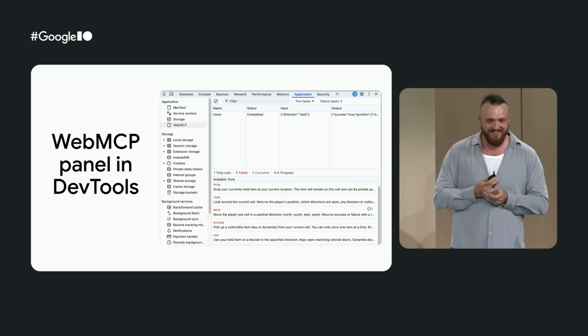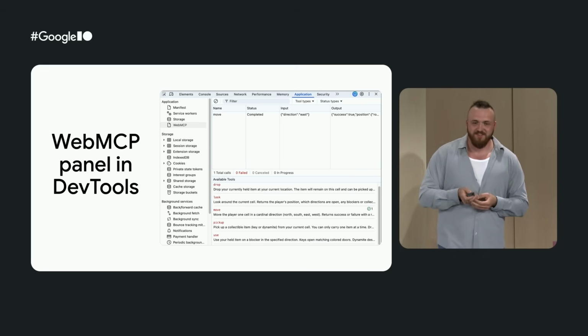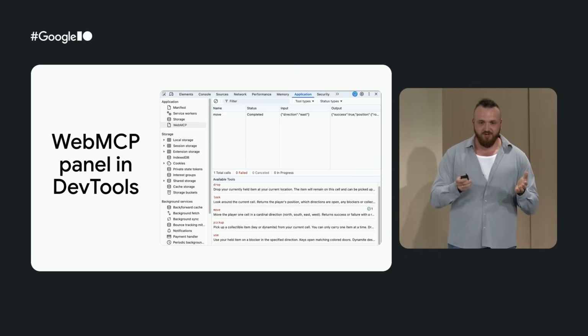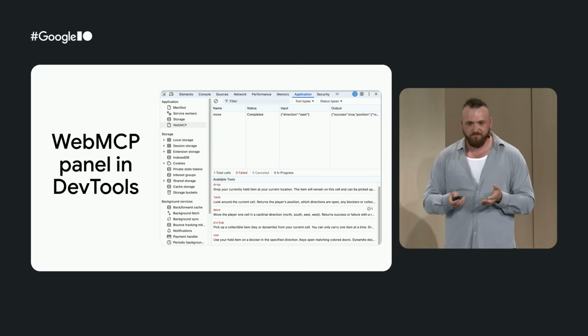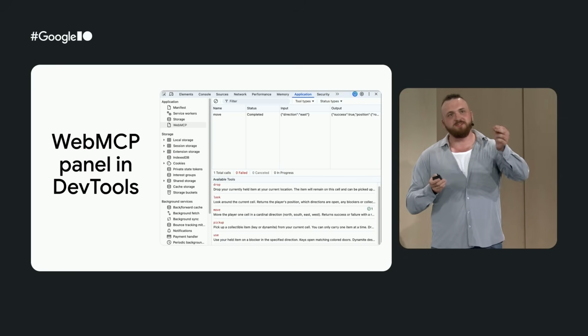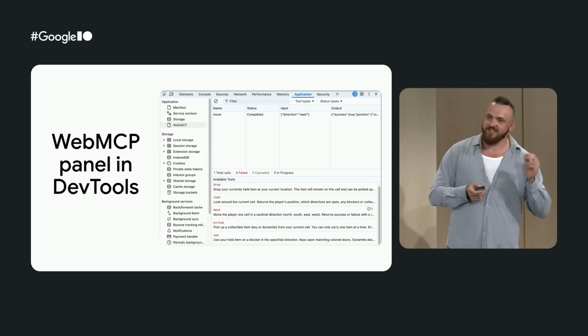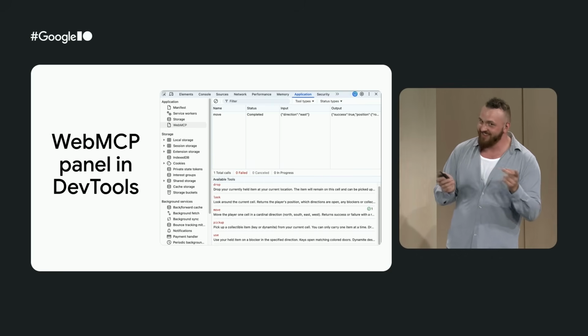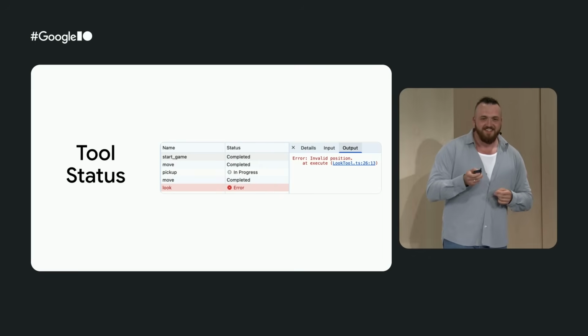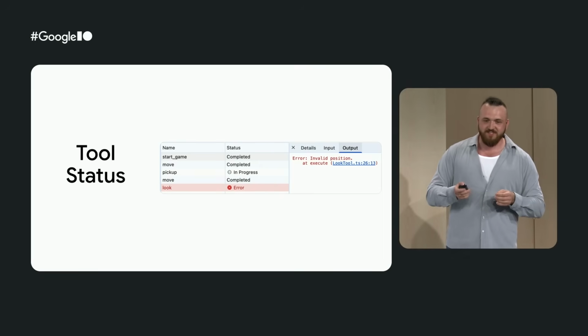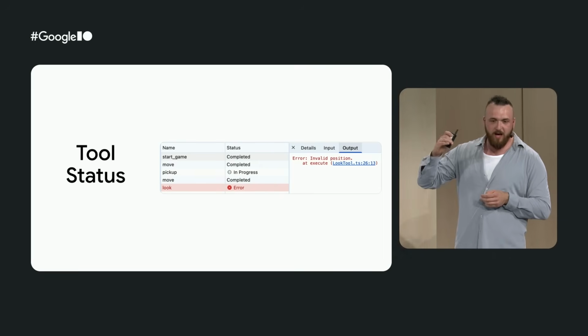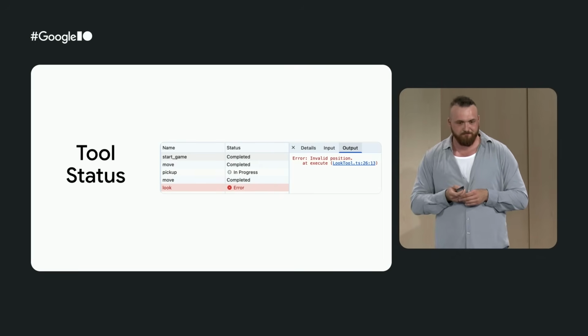So first you see which tools are getting called during the user journey. It also means you see which tools were not called during the user journey, and that can actually help you with evaluations. The status of tool calls is clearly visible in the upper section of the DevTools panel.